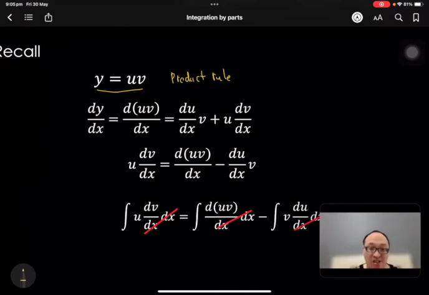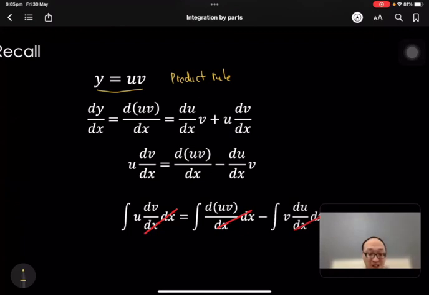If we have the normal power rule in differentiation, the reverse process is integration by power rule. If we have the chain rule in differentiation, the opposite is the substitution method. Now, if we have the product rule in differentiation, the opposite process is called integration by parts.